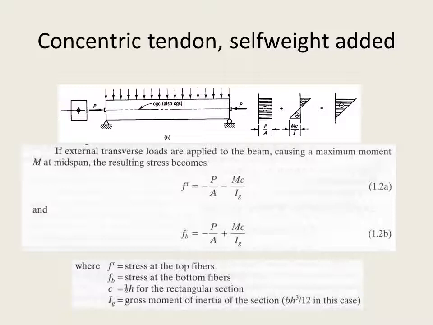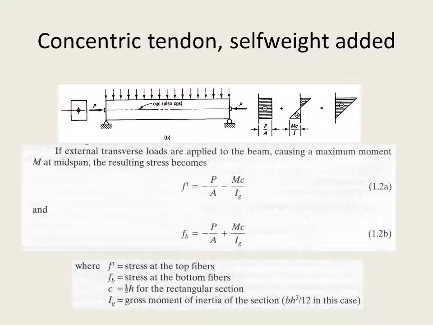So yeah, stress at the top fiber here, stress at the bottom here. C is the distance from the CGC, or the center of gravity of the concrete or the steel, up to the top fiber and the bottom fiber.